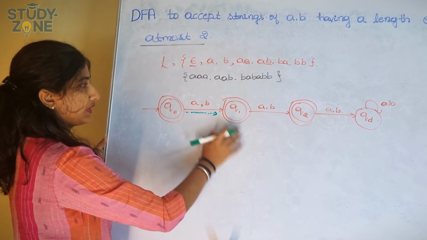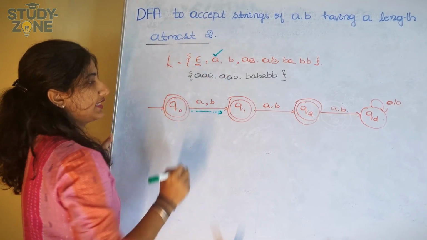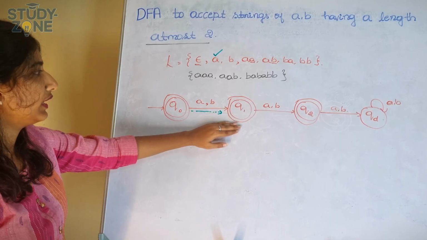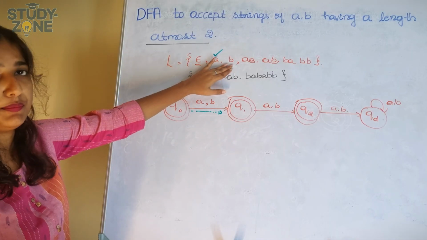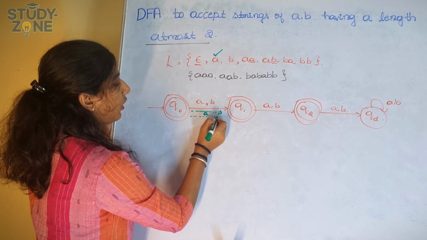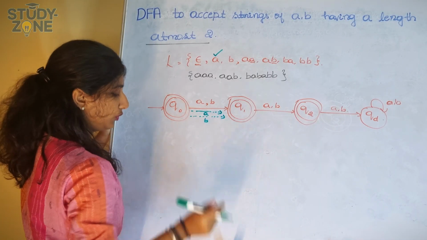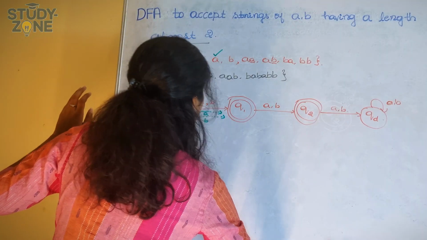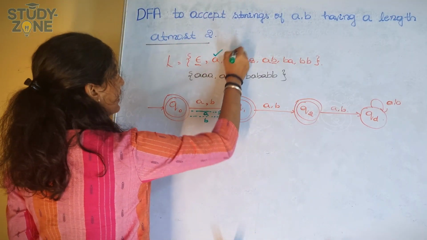This is an accepting state, so this is getting accepted. Now Q0 on B moves to Q1. This one is also getting accepted. So these two are done.